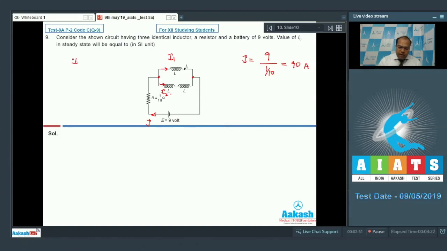So I is inversely proportional to L. The current I1 can be written as 2L divided by 3L into 90 ampere. On solving, it comes out to be 60 ampere. So the correct answer for question number 9 is 60. Let's move to question number 10.